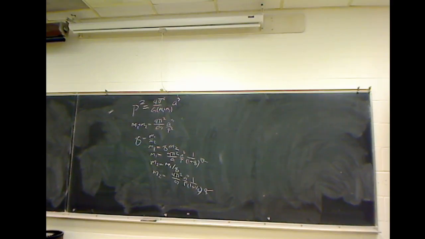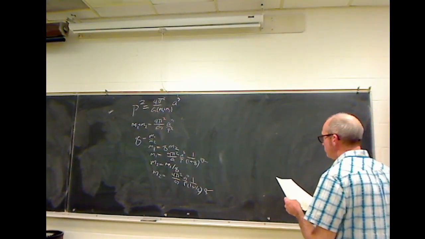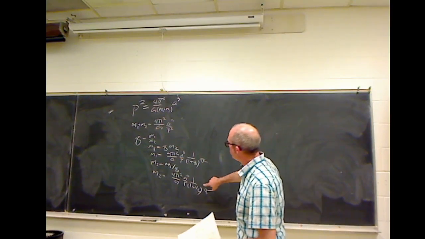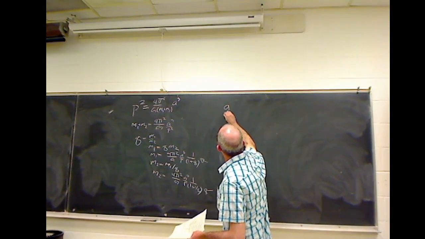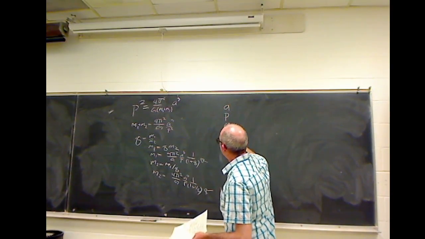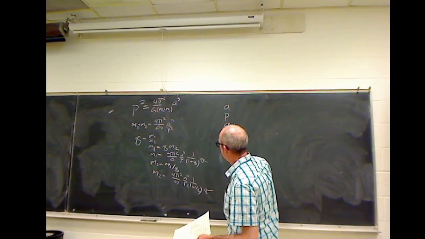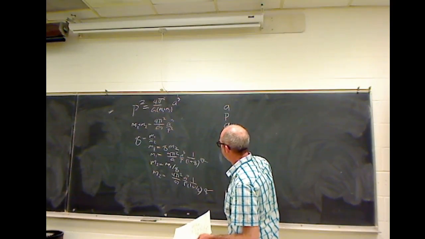So, I like this problem a lot because this really goes from just what can I measure from the ground. So what do I need? I've got these two equations. What's in these equations? I've got A, I've got P, I've got Q, and that's it.